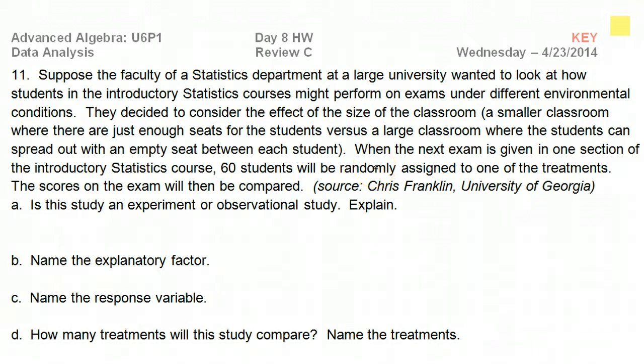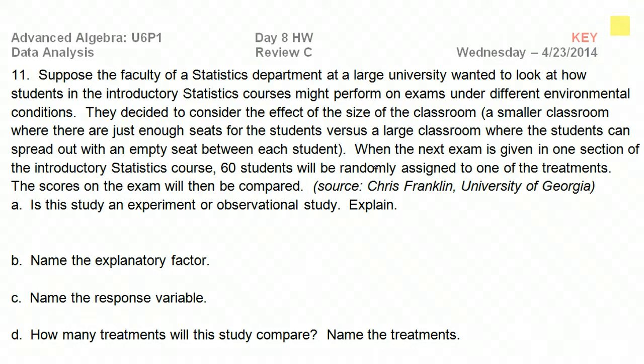When the next exam is given, in one section of the introductory statistics course, 60 students will be randomly assigned to one of the treatments. The scores on the exam will then be compared.